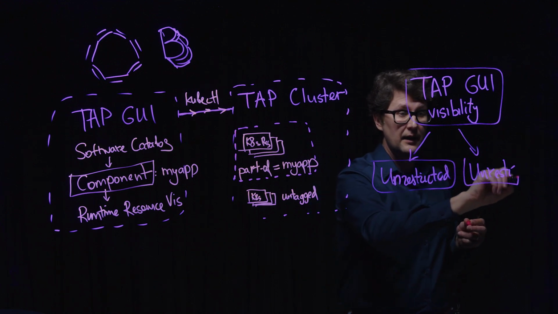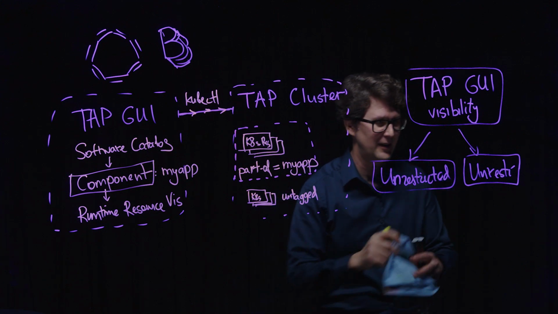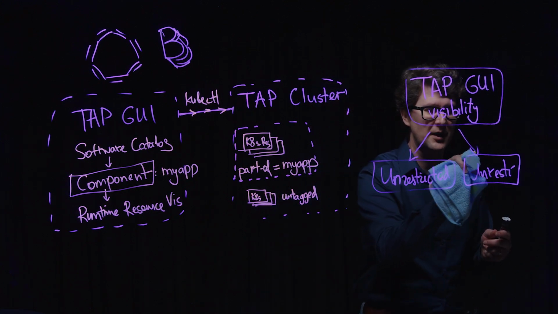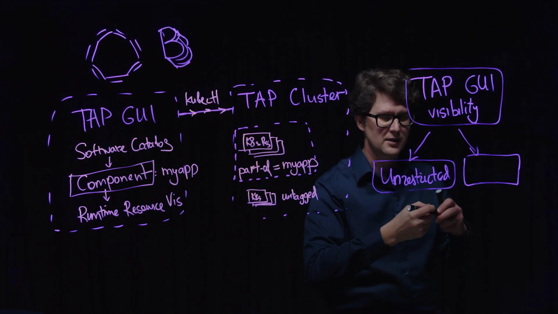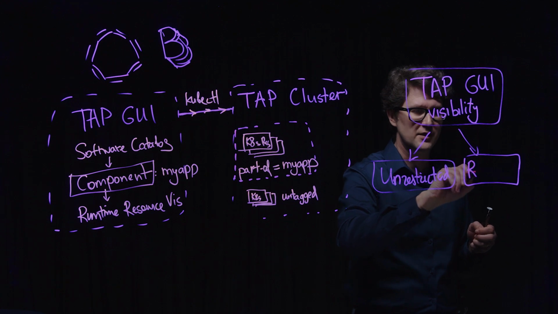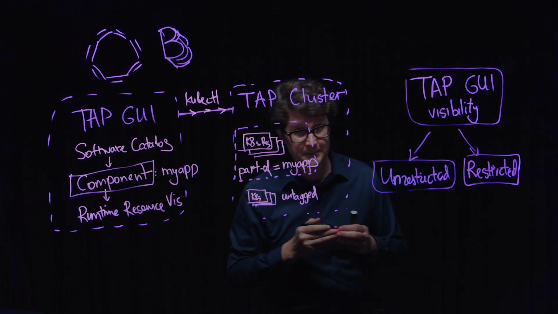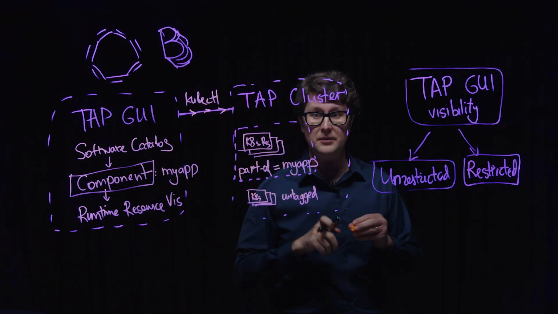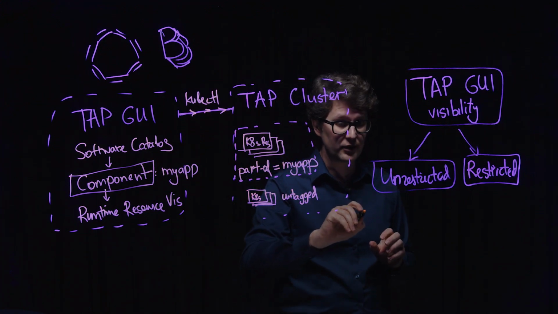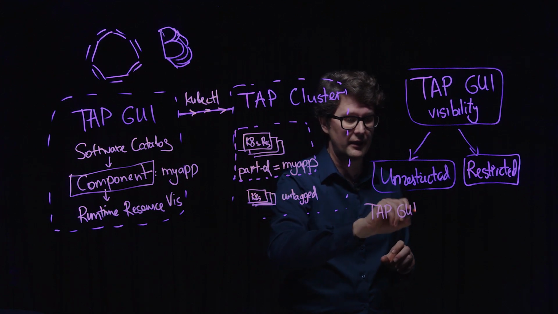I got two unrestricteds here, which I guess talks about my desire to unrestrict all the connections to resources to enable users to be more productive. So the unrestricted mode talks about some service account that our TAP GUI uses. Let me draw it here.